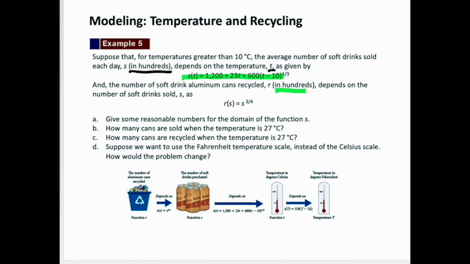The first one is give some reasonable numbers for the domain of the function S. Part B is how many cans are sold when the temperature is 27 degrees Celsius. Part C is how many cans are recycled when the temperature is 27 degrees Celsius. And part D is, suppose we want to use Fahrenheit temperature scale instead of Celsius, how would the problem change?